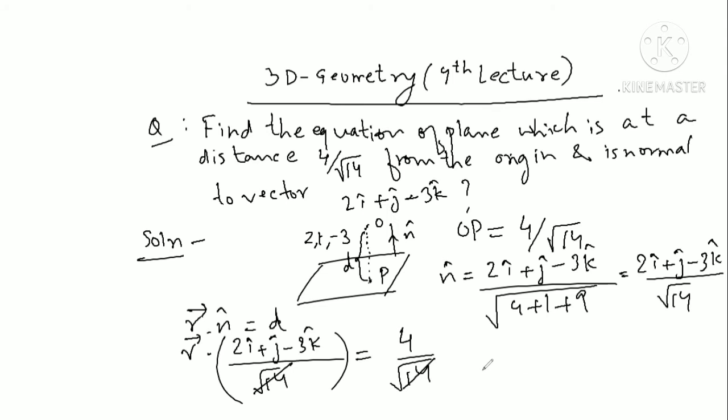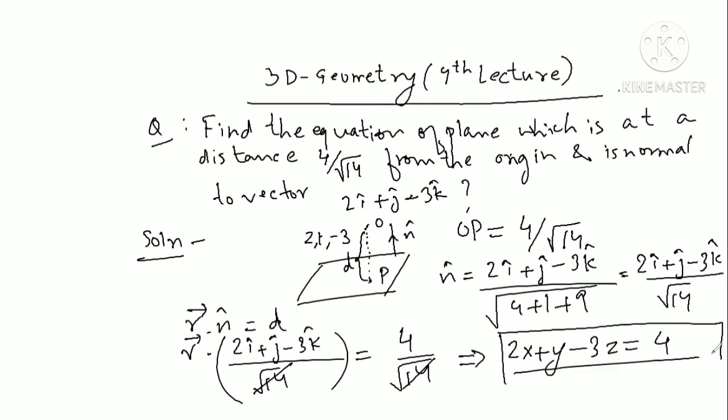So root 14 will get cancelled, and then r vector we can write as xi cap plus yj cap plus zk cap if we want to write in Cartesian form. So this becomes 2x plus y minus 3z is equal to 4. So we can write the equation of plane like this: 2x plus y minus 3z is equal to 4.